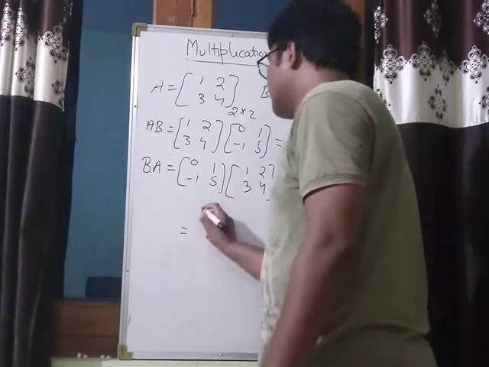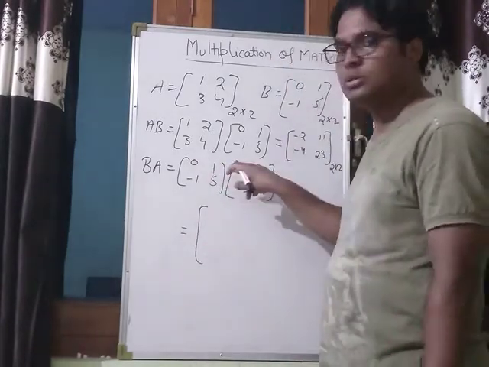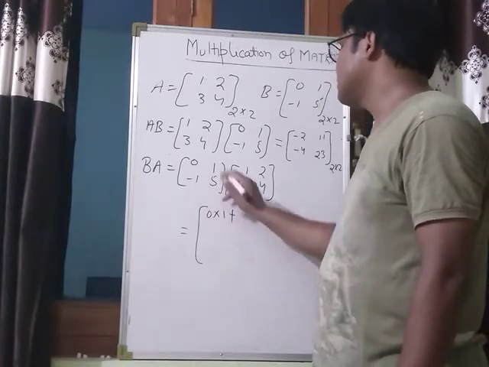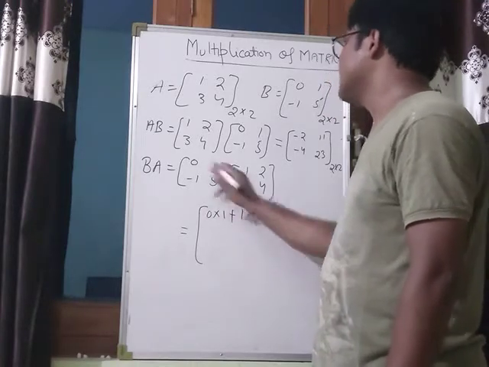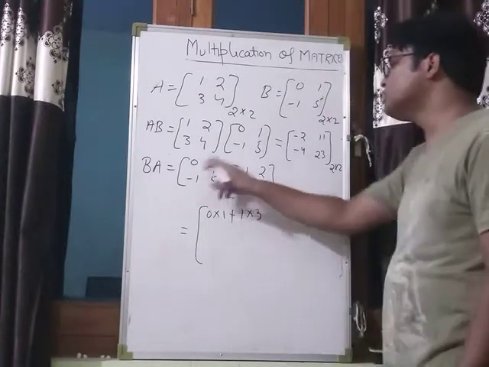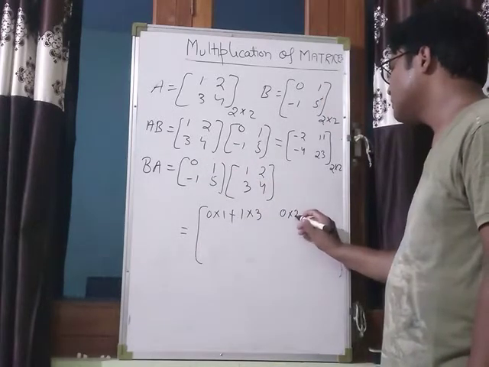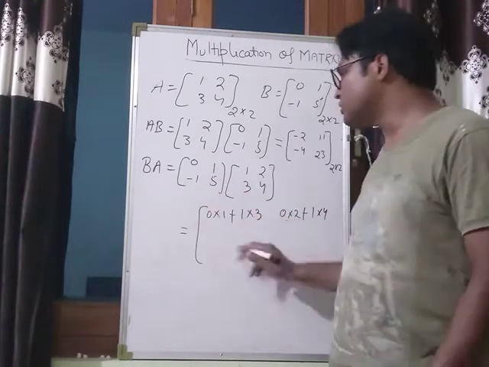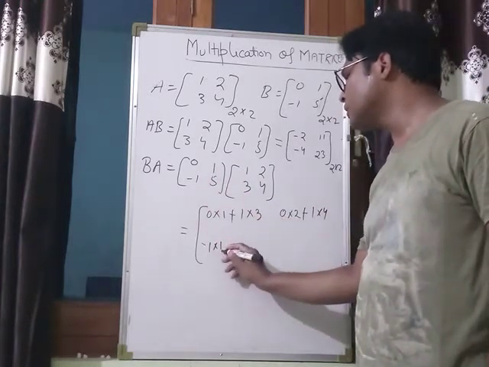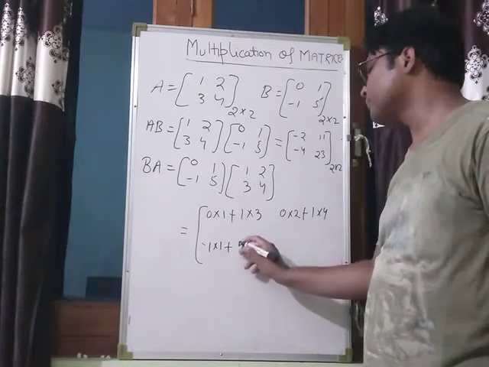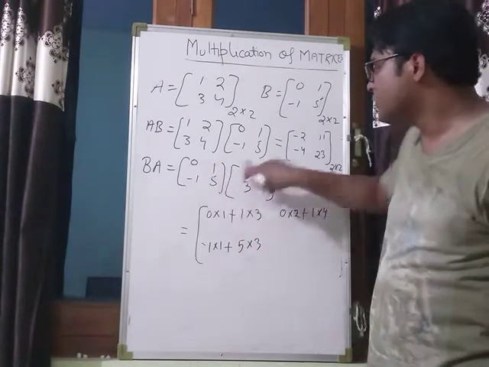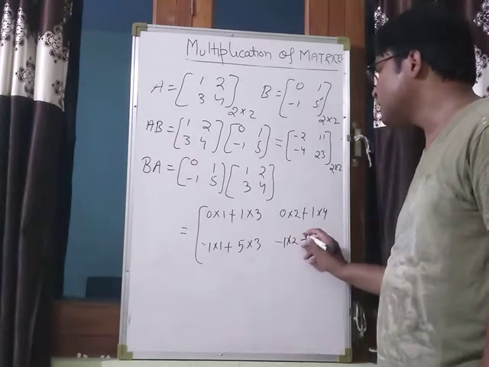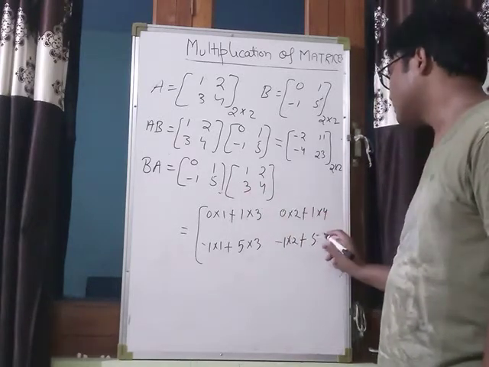So that will be equal to, first row, first column, 0 into 1 plus 1 into 3; first row, second column, 0 into 2 plus 1 into 4; second row, first column, minus 1 into 1 plus 5 into 3; second row, second column, minus 1 into 2 plus 5 into 4.